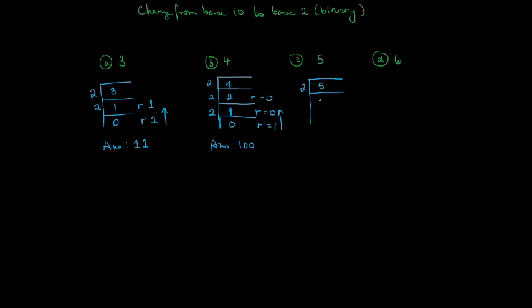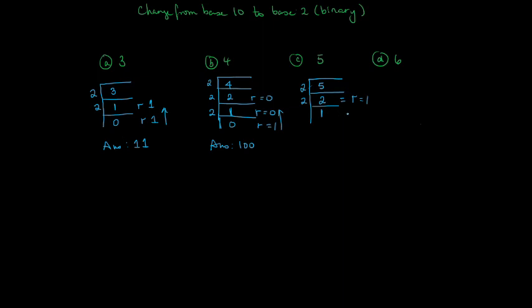Two into 5 goes twice. 2 times 2 is 4, and so 5 minus 4 will be equal to 1, a remainder of 1. Then we put the 2 here again. 2 into 2 goes once, and we see that 2 times 1 is 2.